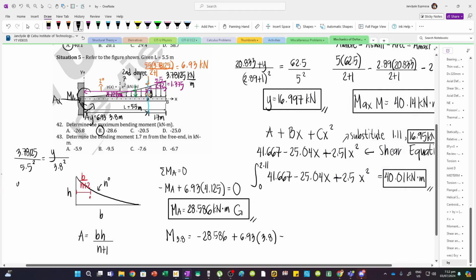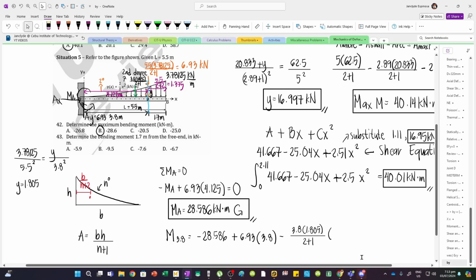Another way to get this is to just use y equals 1 over 8 x squared and substitute 3.8 for x. You will directly get 1.805. And so the area of this spandrel is, again, BH over n plus 1. The base is 3.8 and the height is 1.805 divided by n plus 1, so 2 plus 1. This is still the resultant force.